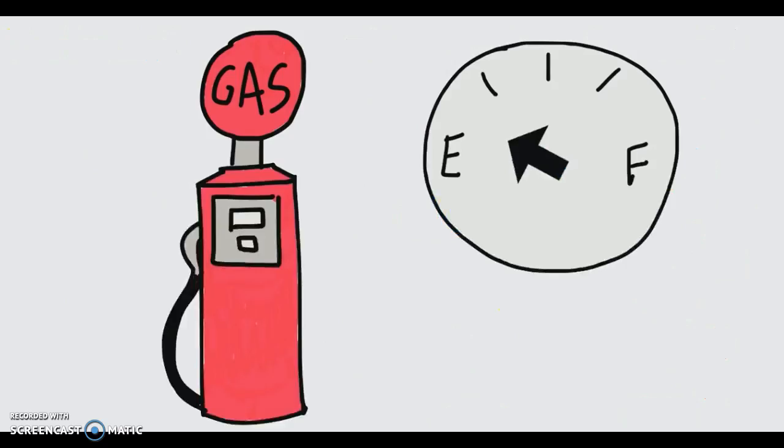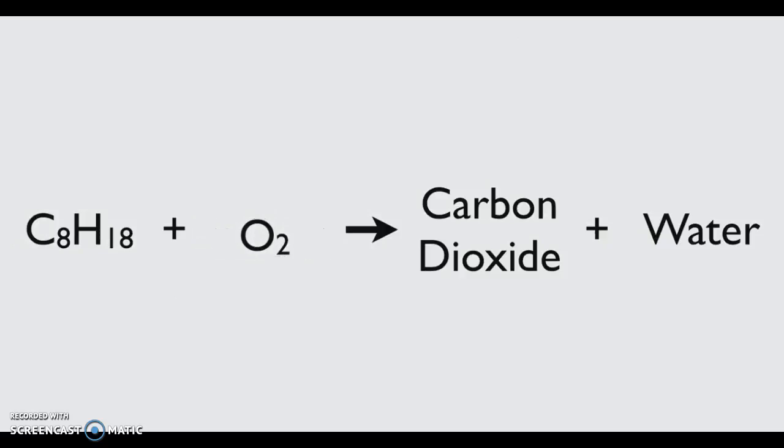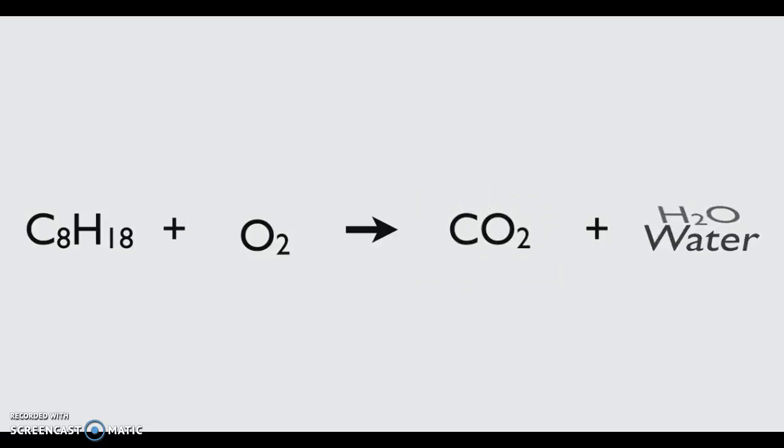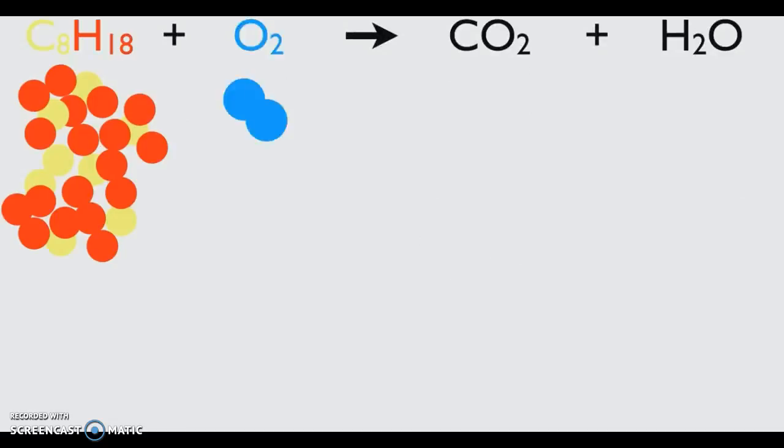Another chemical change happens when you drive your car. Gasoline enters your car as octane. Octane is C8H18. In your engine, oxygen is introduced, and the octane changes into carbon dioxide and water.